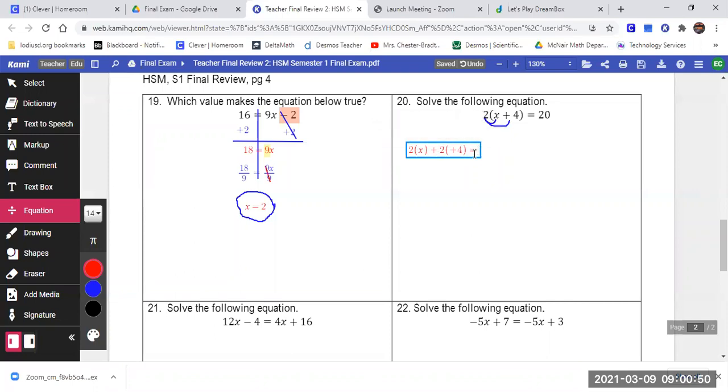Okay, equals 20. So we have to do those parentheses.